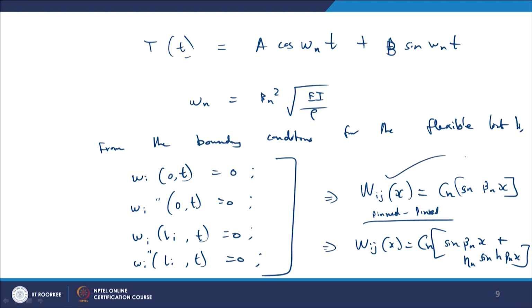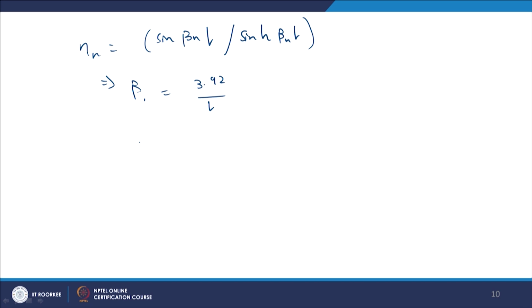So the first solution is for the pinned situation of the link, and the second solution is for pinned-free boundary conditions, where η_n is given by sin(β_n L) divided by sinh(β_n L), which implies β_1 equal to 3.92 divided by L, β_2 equal to 7.06 by L, β_3 equal to 10.21 by L, and β_4 equal to 13.35 by L.